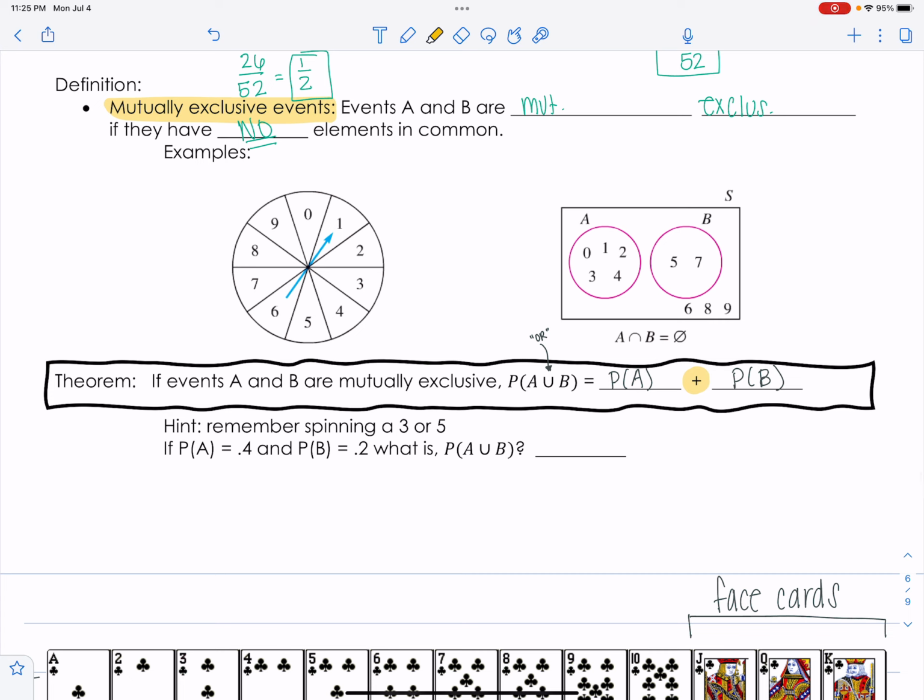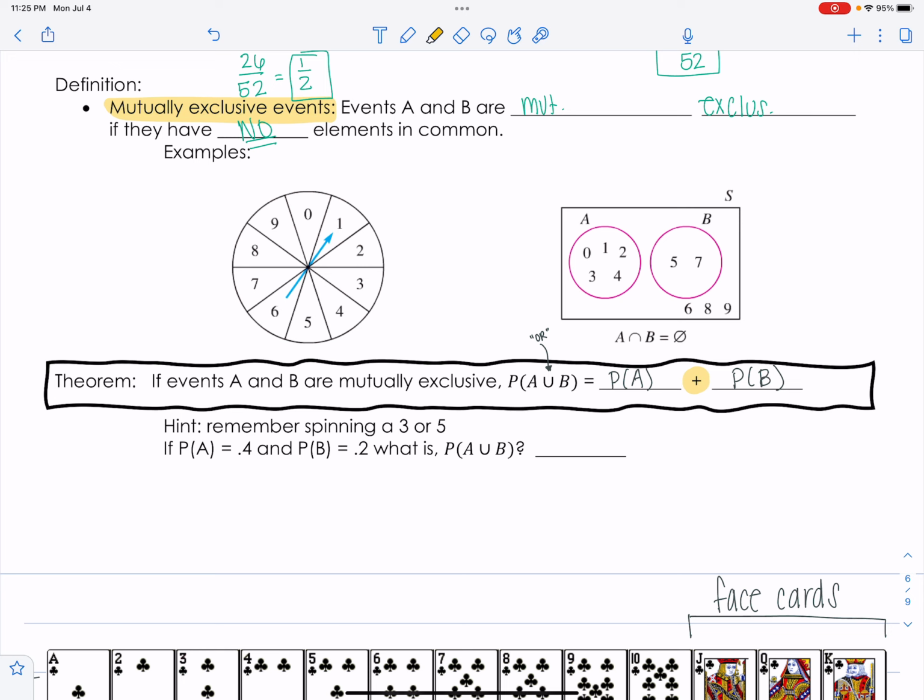And so remember when we went back to spinning that 3 or 5, we said that we could find the probability of 3 plus the probability of 5, and that would give us the probability of 3 or 5. So here's another example of how you could see this in the homework and on the test. If the probability of A is 0.4 and the probability of B is 0.2, I don't know what A and B are. It doesn't really matter.